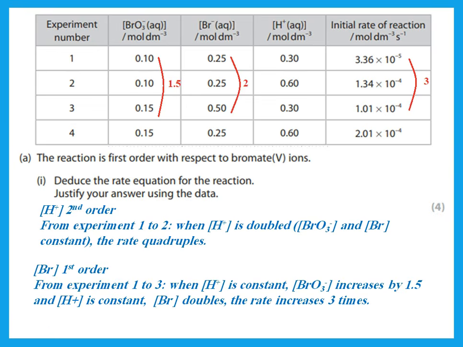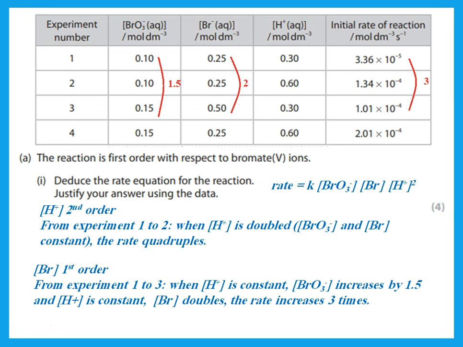So that means that with respect to the bromide, it is first order. So that means that when we increase the bromate by 1.5 times, the H⁺ is constant, the bromide doubles, the rate increases 3 times. So it is 3 times because it is doubled, and then once because of the 1.5 increase in the bromate ions.